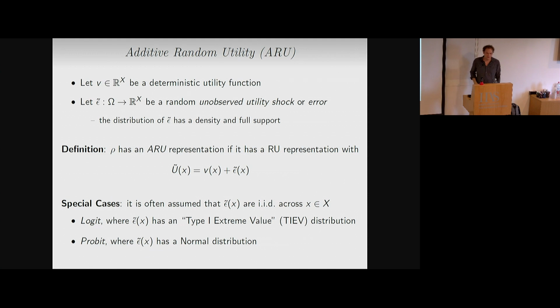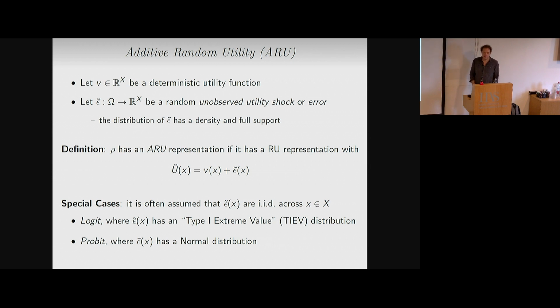Okay, so before I add lotteries, I just want to talk about a couple of other representations that you see out there. One that you see in econometrics a lot is called additive random utility. Here the utility function is deterministic, I'm going to call it V, but there is a random shock that each alternative gets shocked with.